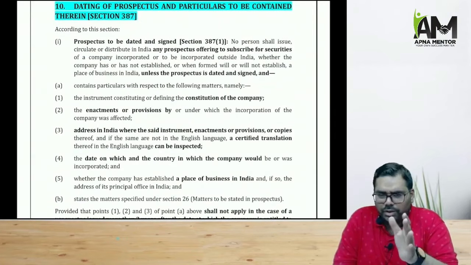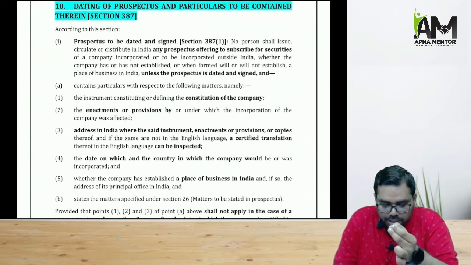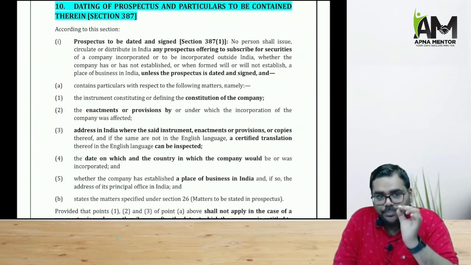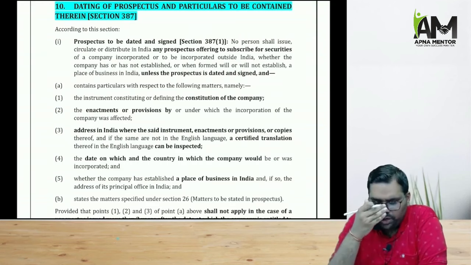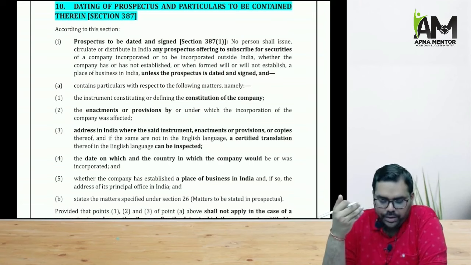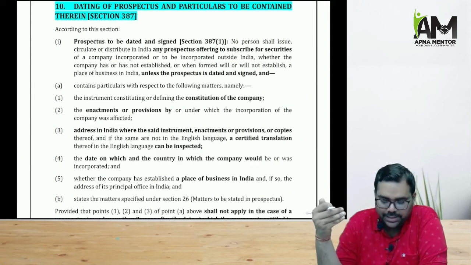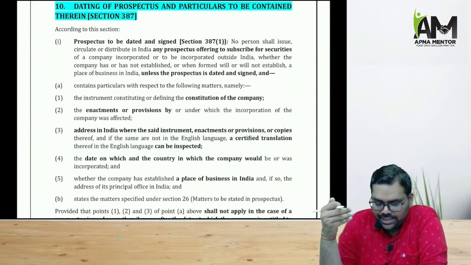Very basic requirement. No person shall issue, circulate or distribute in India any prospectus offering to subscribe for securities of a company incorporated or to be incorporated outside India, whether the company has or has not established, or when formed will or will not establish, a place of business in India, unless the prospectus is dated and signed.